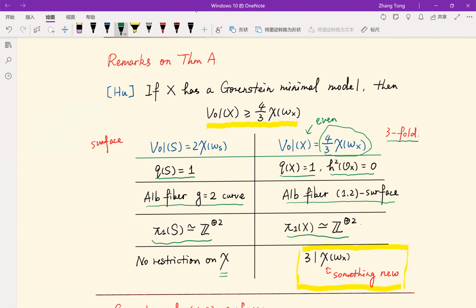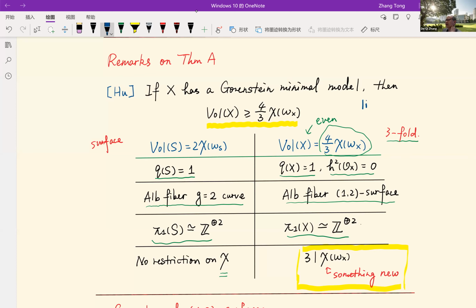And we tried for a long time to understand this phenomenon. Sorry to interrupt you. Is the volume just K cubed divided by 3, or you don't divide by 3? Can you write down the volume?